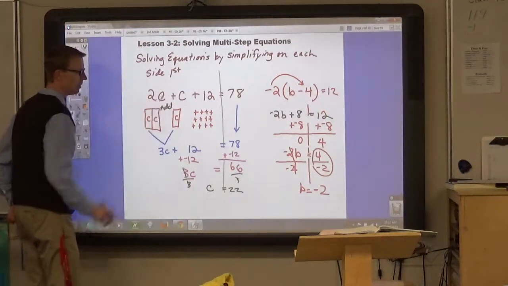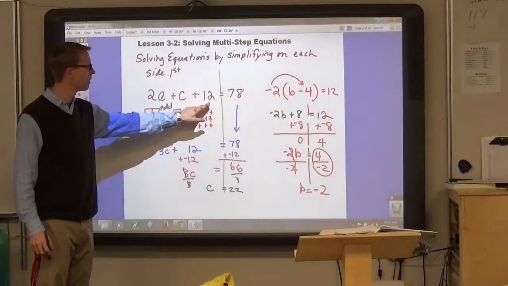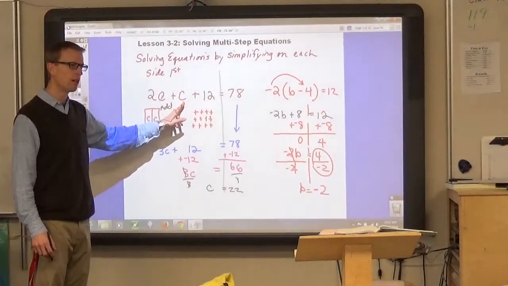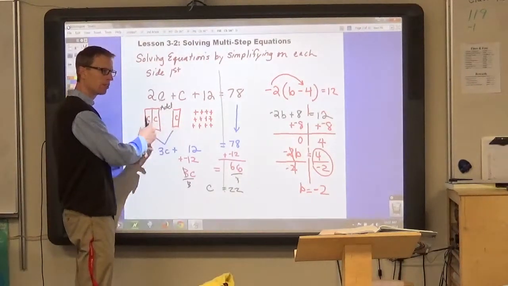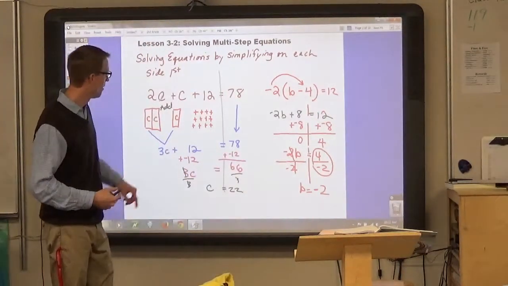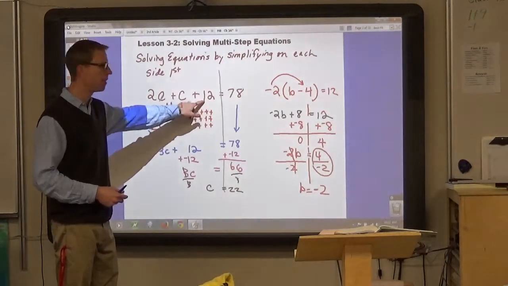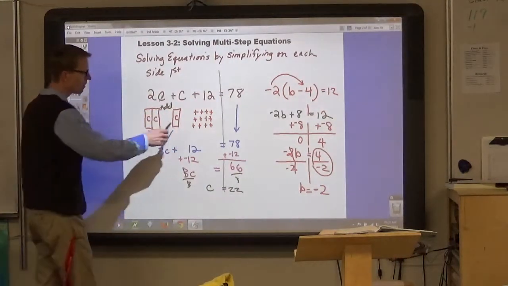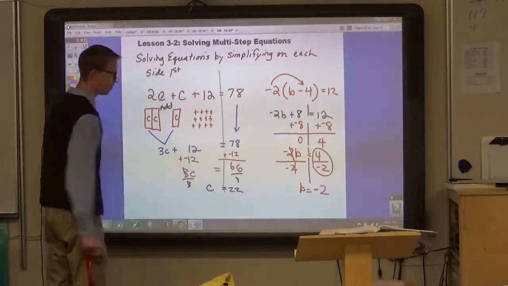We have 2c plus another c plus 12 on the left side of this equation. 2c plus c, we know we can add because they are exactly alike, right? 2c plus 1c is 3c. And we want to keep the 12. We can't add 12 to anything because there are no other like terms. So we can simplify this to 3c plus 12 equals 78.